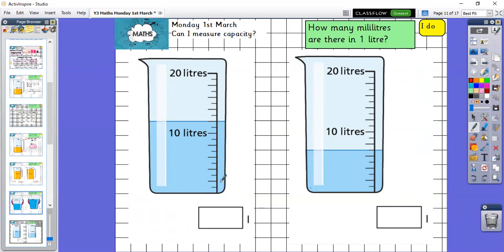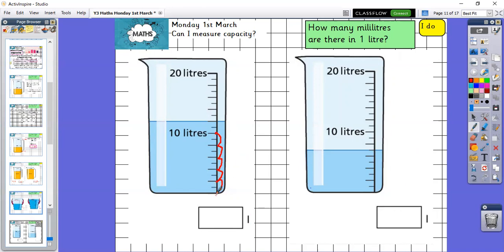So in my mind, what I'm thinking is that if it's taken me 5 jumps to get to 10 litres and I'm missing out one each time, I'm actually able to work something out. So really, it's almost like I'm counting in twos, isn't it? So 2, 4, 6, 8, and 10 because I used 5 jumps to get there.